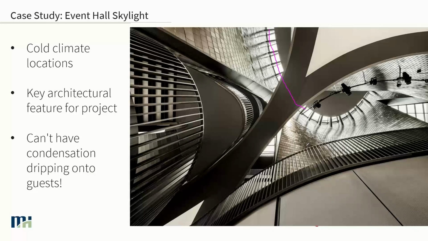It's a key architectural feature, bringing natural light into the main foyer. But at the same time, you don't want it to be so cold that if they have a big event with elevated levels of humidity, you're going to get water droplets dropping on people below. So it's very critical to make sure that this system performs effectively.